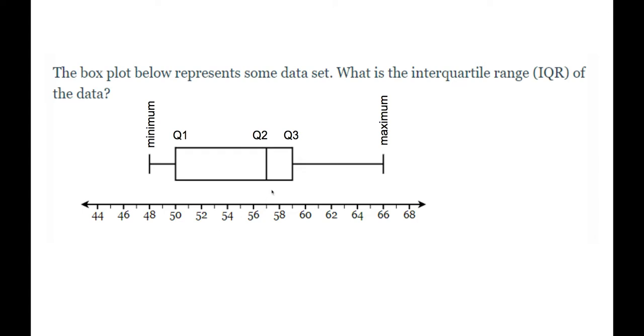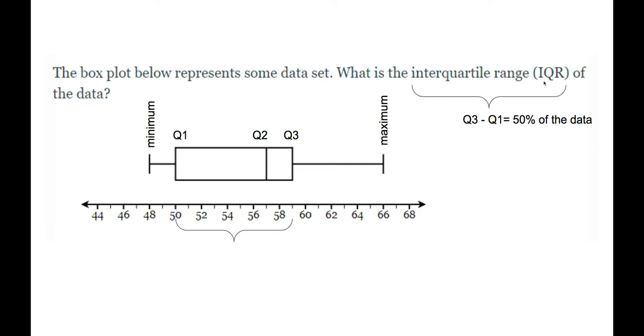So quartile 3 again is this spot. The median is actually quartile 2, but we don't usually call it that. Quartile 1 is this line here. So my interquartile range is just going to be, in this example, from 50, the bottom of my box, to 59, the top of my box. So I will simply do 59 minus 50 to find that interquartile range.